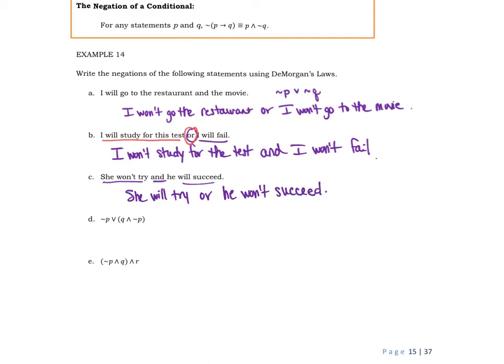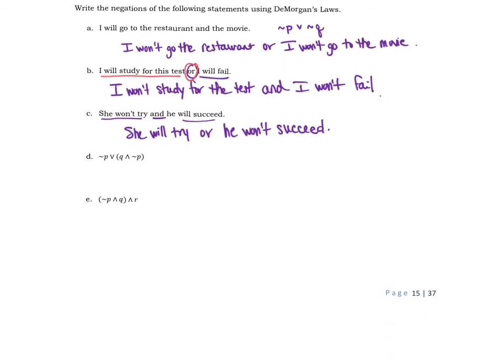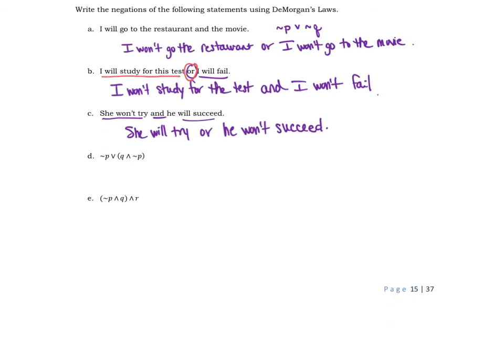All right, and the last two, we're just going to do symbolically. We're going to negate what we have there in front of us. So I want to find the negation of this original statement, which is not P or Q and not P. Looking at this negation here, it's going to impact three things.